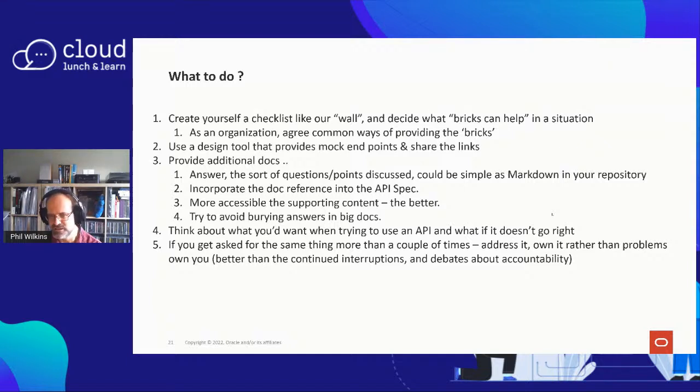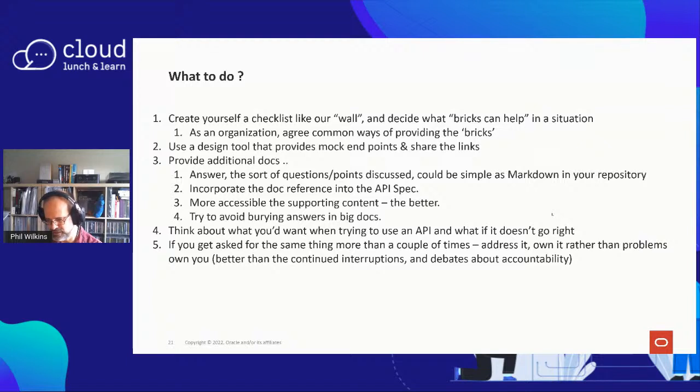Use Markdown in your GitHub or Git repo. That's easier than just going off writing chunky Word documents because Word documents do go and get stale, and can be a bit laborious.